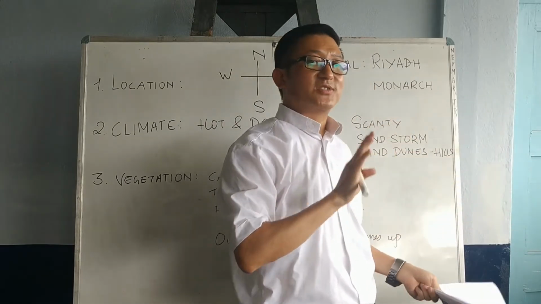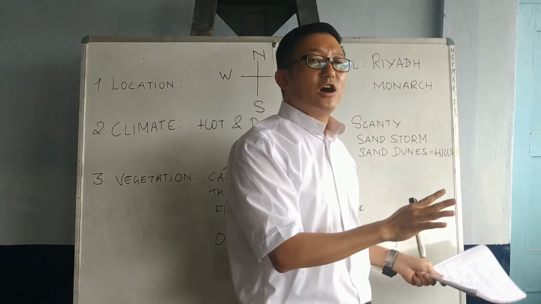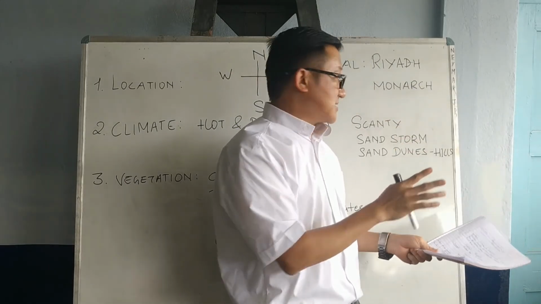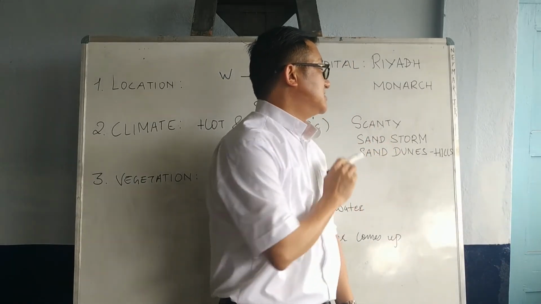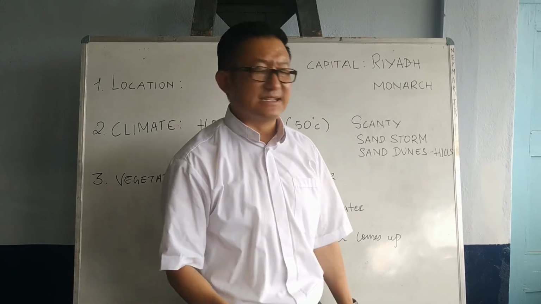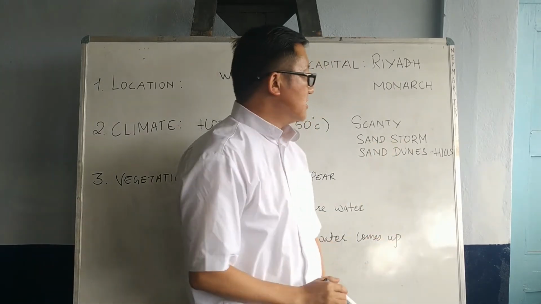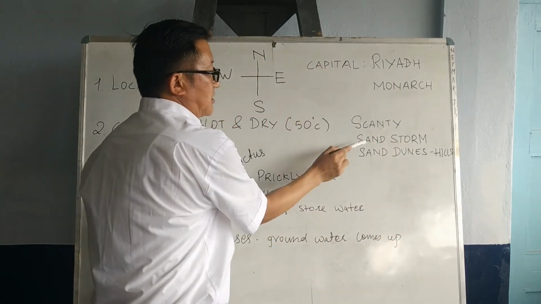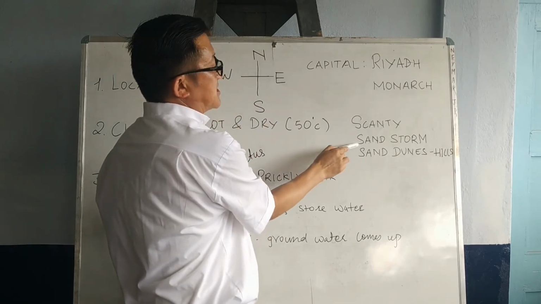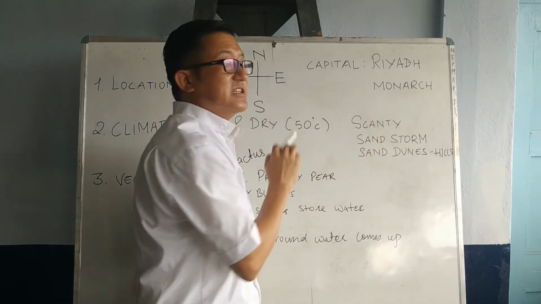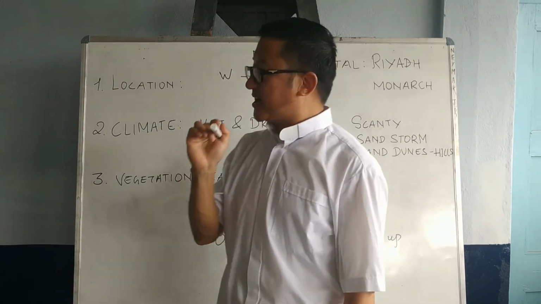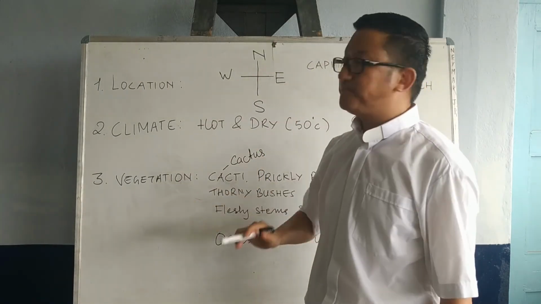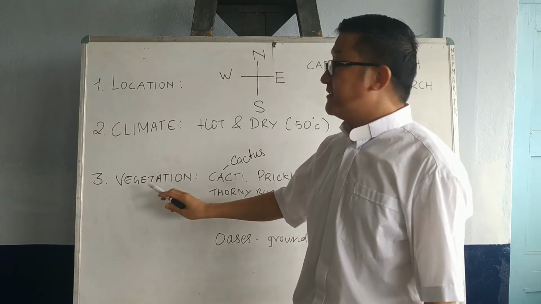That mountain, which is made out of sandstorm, those mountains are called sand dunes. They are small hills. I have written hills. Alright, so you know the meaning of scanty. Now you understand the meaning of sandstorm and sand dunes. Alright. Very good. Now we will take another subtopic, that is vegetation.